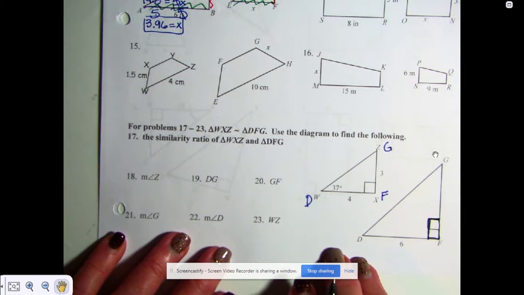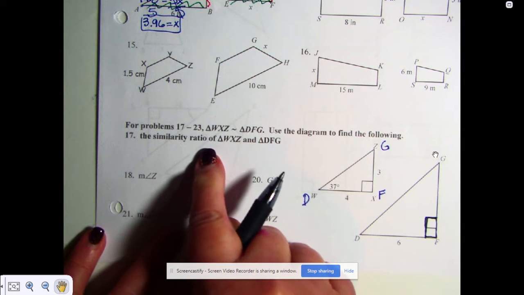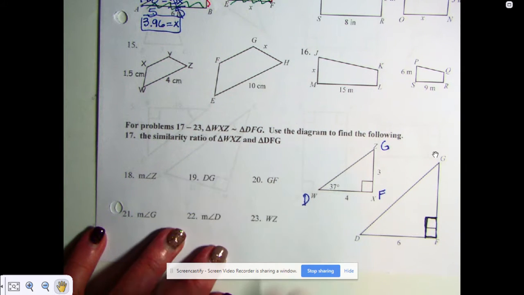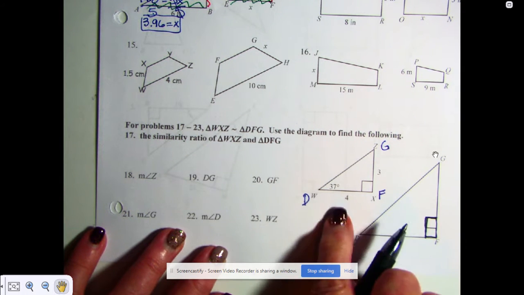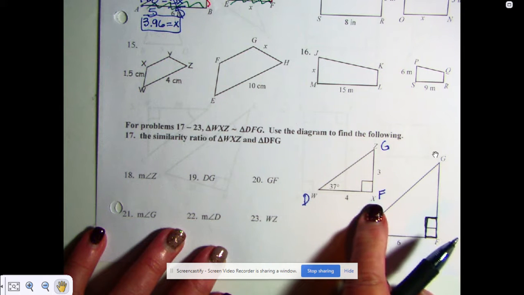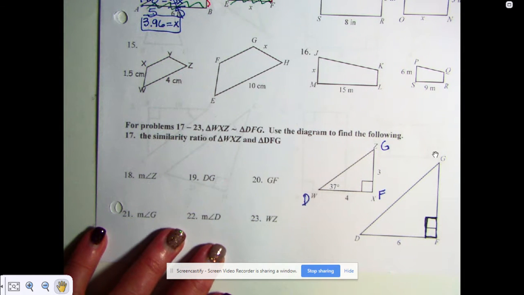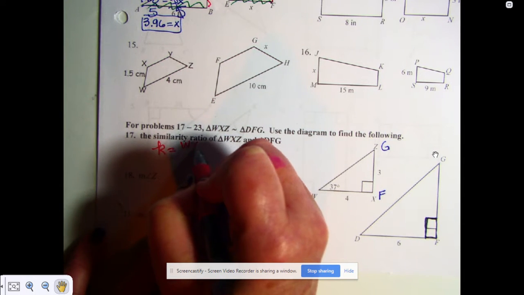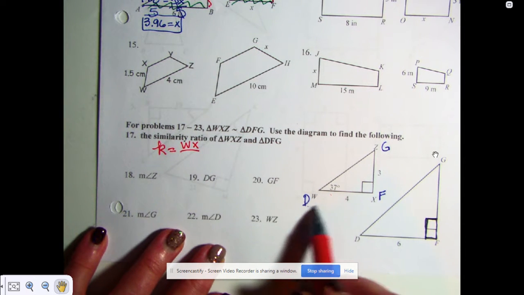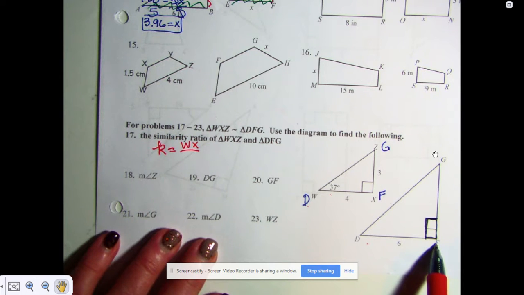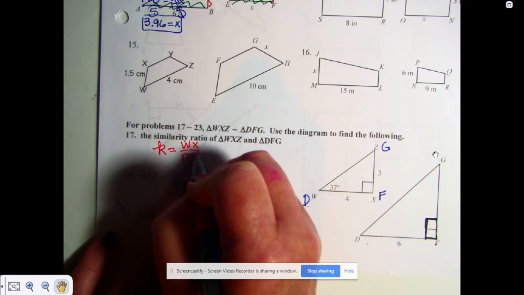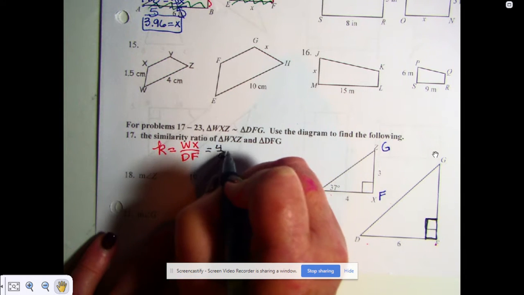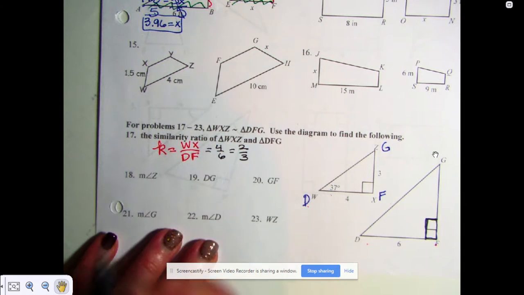It says find the similarity ratio for the two triangles. I have that WX is 4, and WX corresponds to D to F, and we have a number for D to F. So that's going to give me 4 to 6, which is 2 to 3.